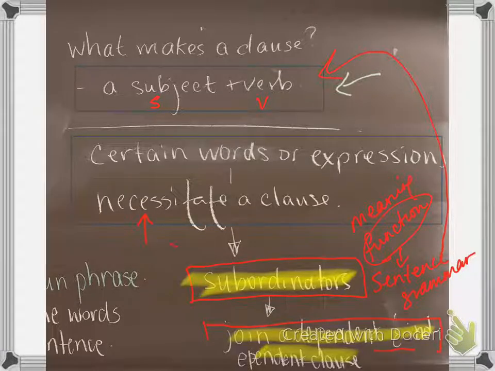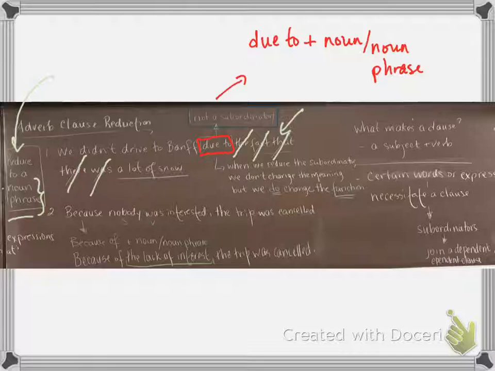And we know that subordinators need a subject and a verb because they introduce clauses. Now what we've done in the reduction is we've taken out the fact that and the subject and the verb. Okay, and so what happens next is we need to make sure that we have a noun or a noun phrase that comes next.